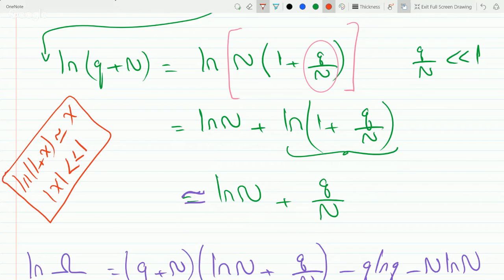Okay. The smaller it gets, the closer to x, I guess.